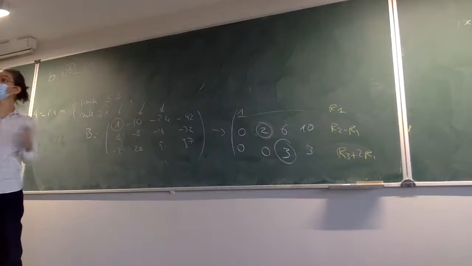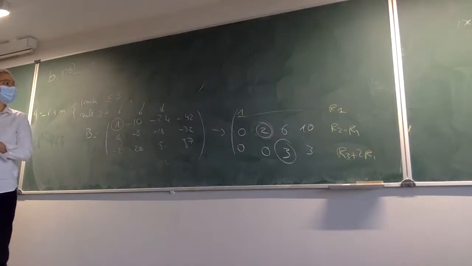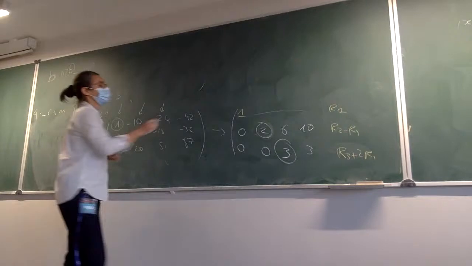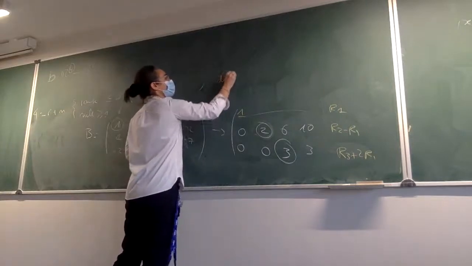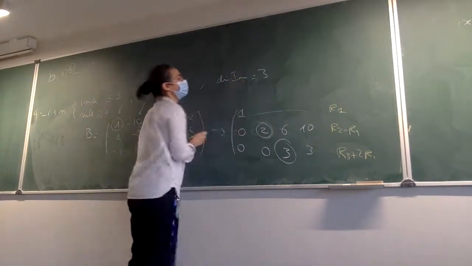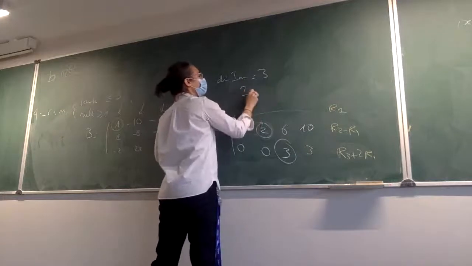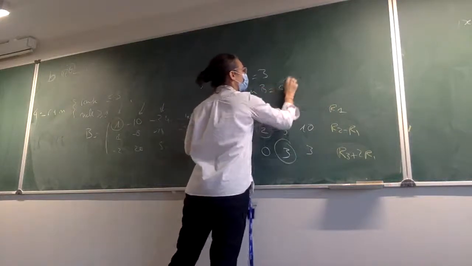That comes from the CR decomposition, right? So the dimension of the image is 3.